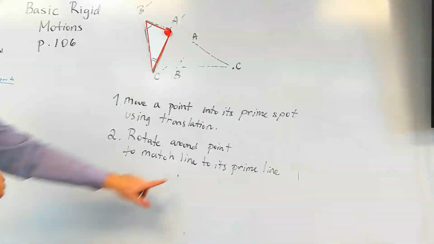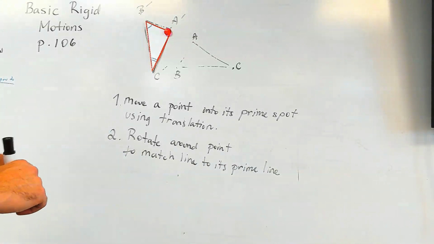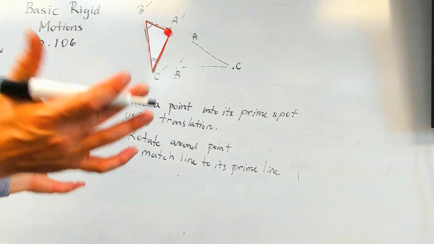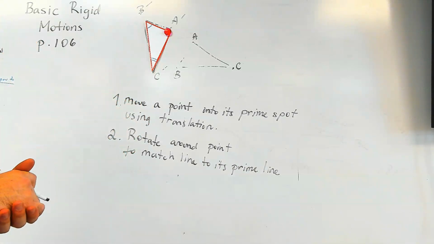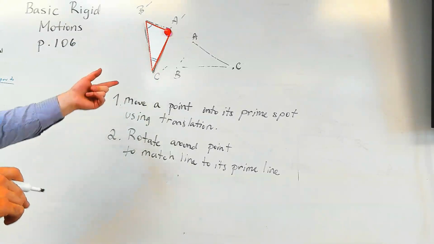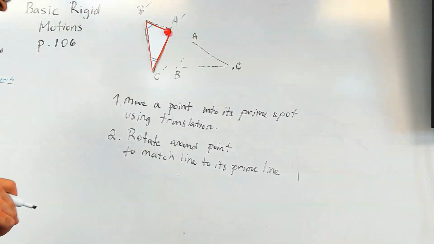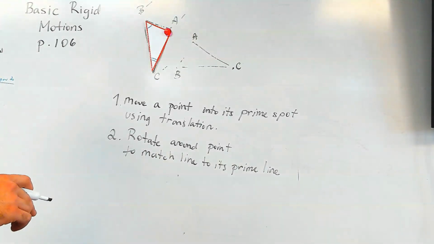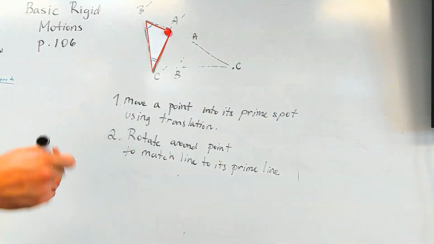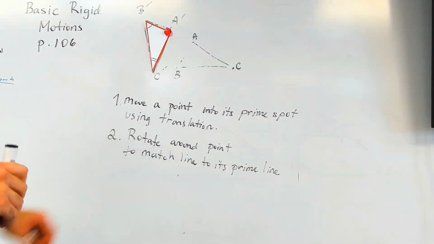And finally, if it's not already matched, it's going to be through reflection. So you might need to reflect before this step and then rotate, or you might need to rotate and then reflect, as we did for example 3. So look back at example 3 if you get stuck between rotating and reflecting.